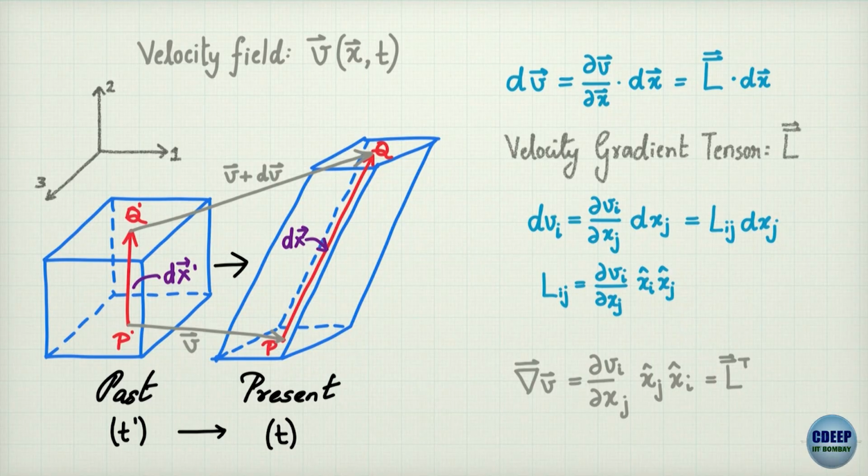Again here the first index, i, is actually the numerator, just like we had with the deformation gradient tensor, and the second index is the derivative quantity, which is x_j, right. And therefore, I can write that L is the transpose of grad V, or grad V is the transpose of L. Yeah.